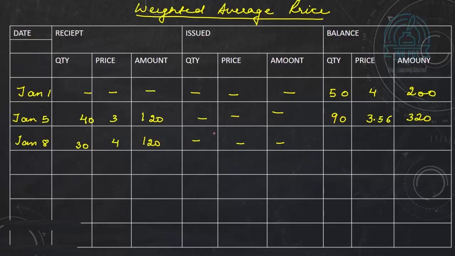So 440 divided by 120 will again give you a weighted average price of 3.67. Writing here, we have 120 units, price is approximately 3.67, and we will get 440 here, right?